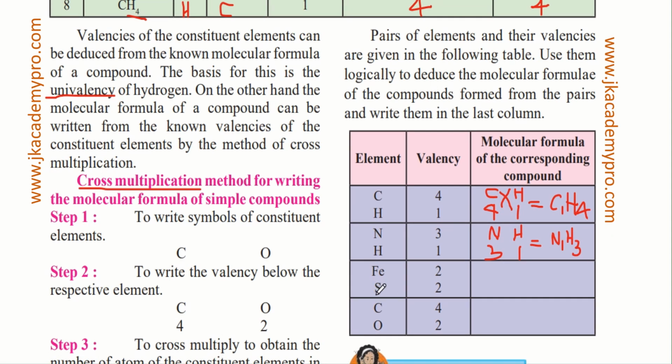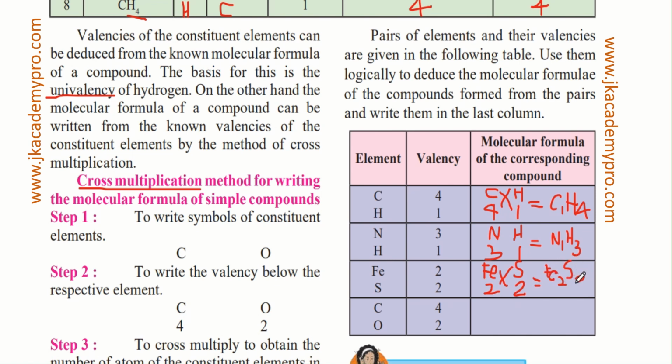The next one is Fe and S. Fe is the symbol for iron and S is the symbol for sulfur. Each of these has a valency of 2. So we will write Fe and S, and below each of them we will write their respective valencies. In this case both are 2. So after cross multiplying we would get Fe2S2.